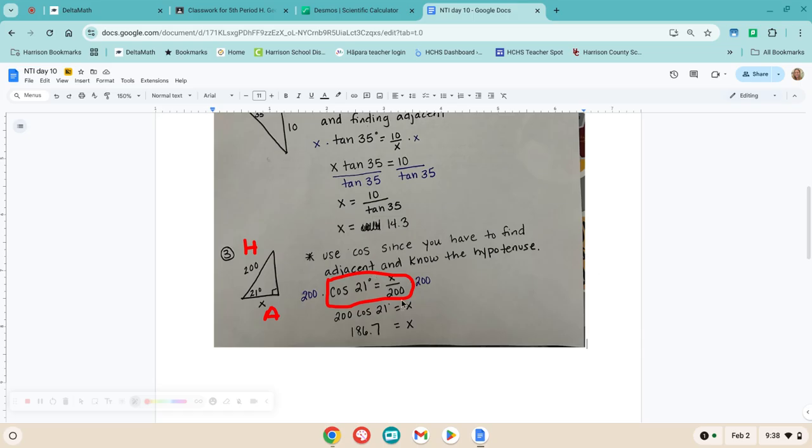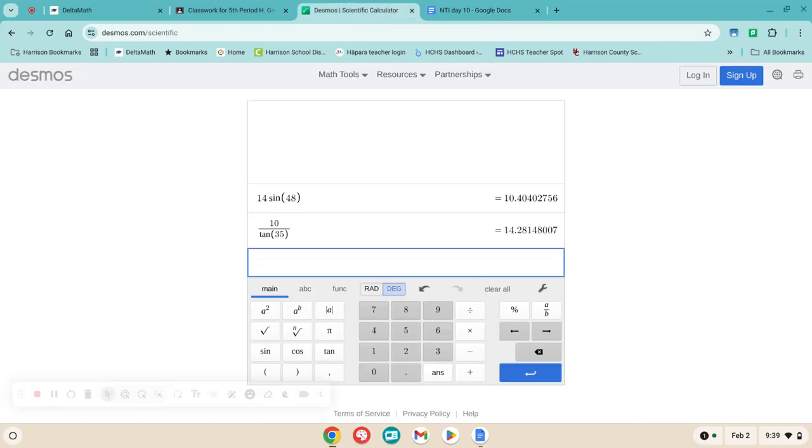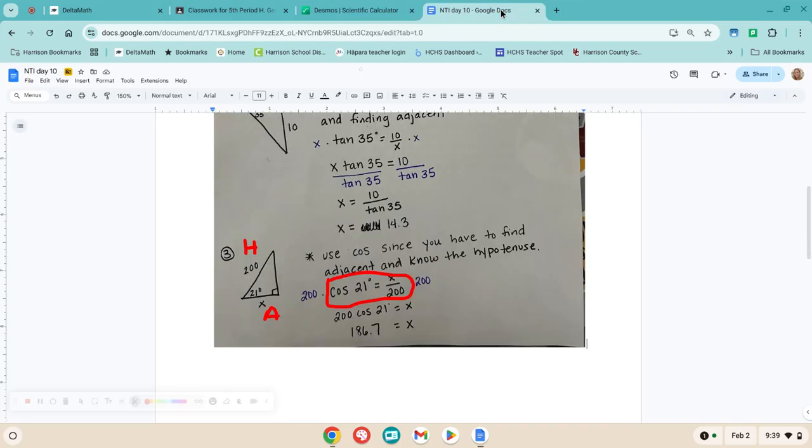This time x is in the numerator, so we're going to multiply by 200 because we have to get rid of division. Multiply by 200 on both sides. That gives me 200 times cosine of 21. So again, I'm going to go to my calculator and type in 200 times cosine of 21. And if I'm rounding to the nearest tenth, that's 186.7.